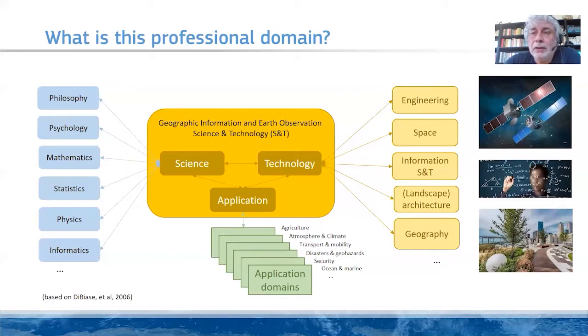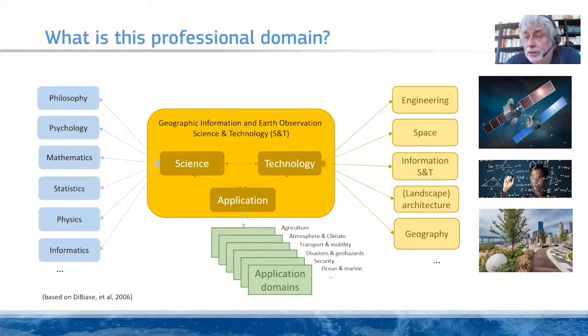You can't decouple, let's say, our domain from everything related to ICT, to informatics. But there are also links to other more particular scientific domains, but also technologies. Technologies that emanate from activities in engineering, in space.